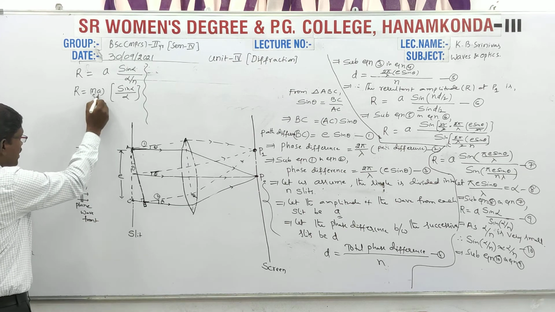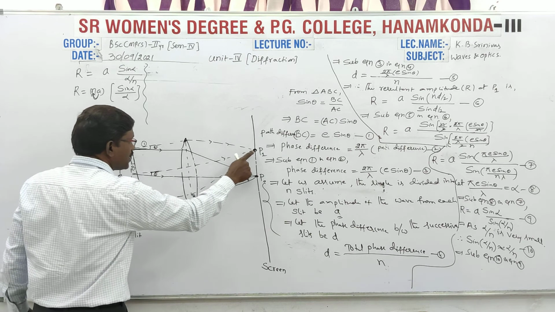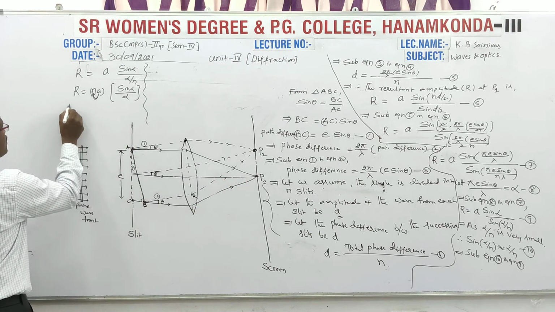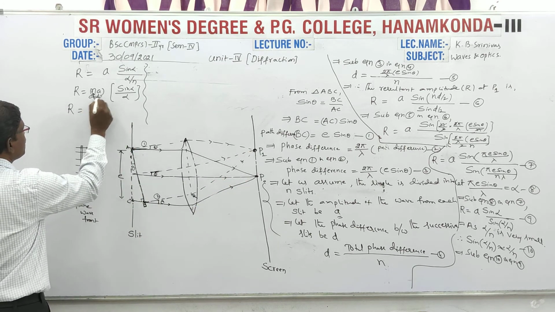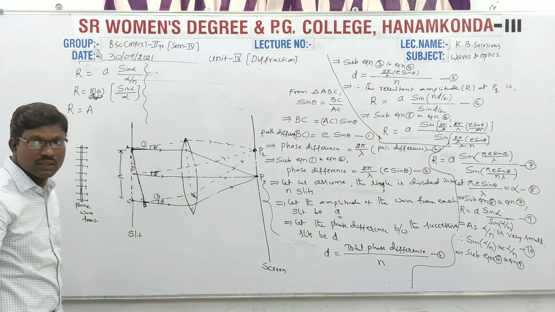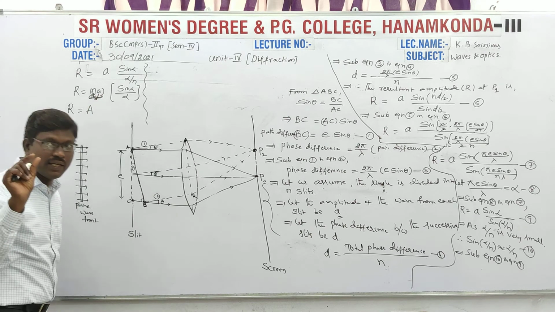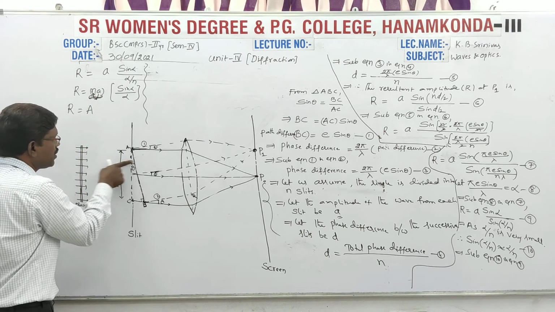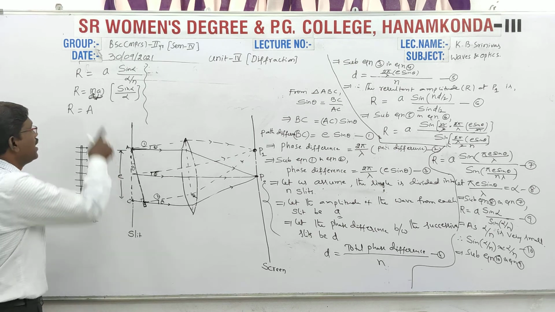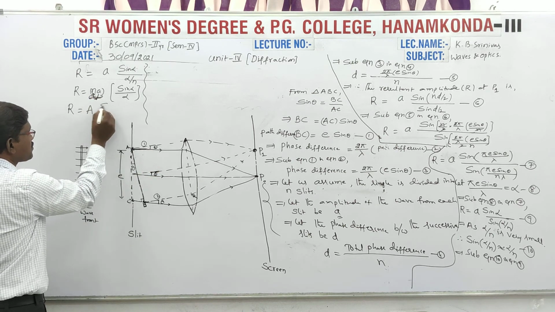So NA is nothing but the total or resultant amplitude at P1. Here I am assuming this as capital A for amplitude. Clear? Small a is the amplitude of each wave coming from each slit, and NA is the resultant amplitude that I am representing as A.